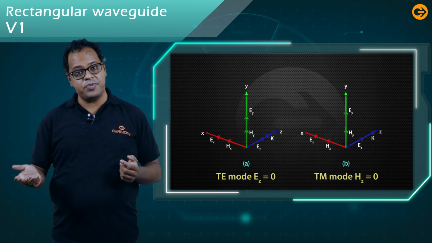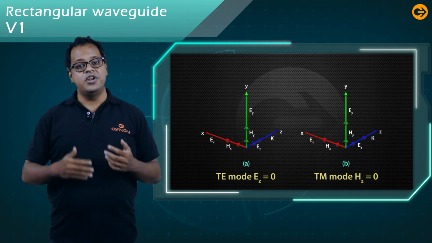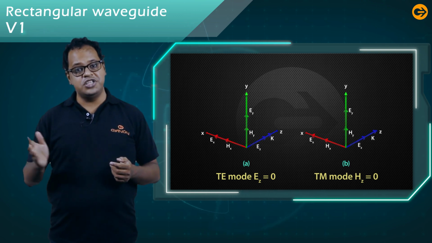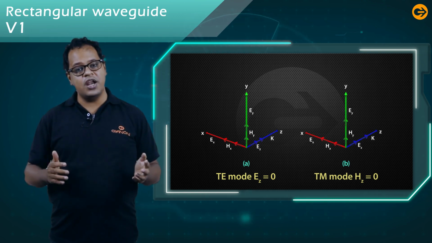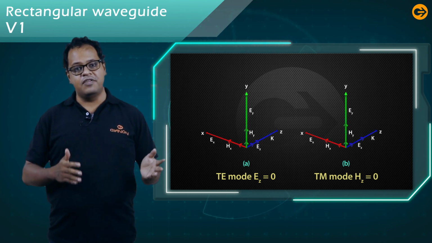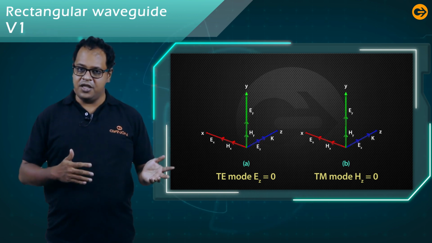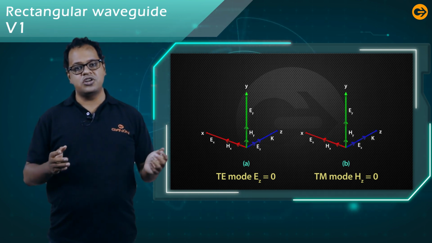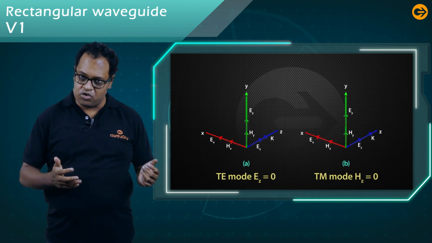What is the direction of propagation? Can you remember? Yes, the direction of propagation is along the z direction. That means in z direction there is no electric field. So the electric field is in x direction and in y direction. That is, they are perpendicular to the direction of propagation. It is known as transverse electric mode.